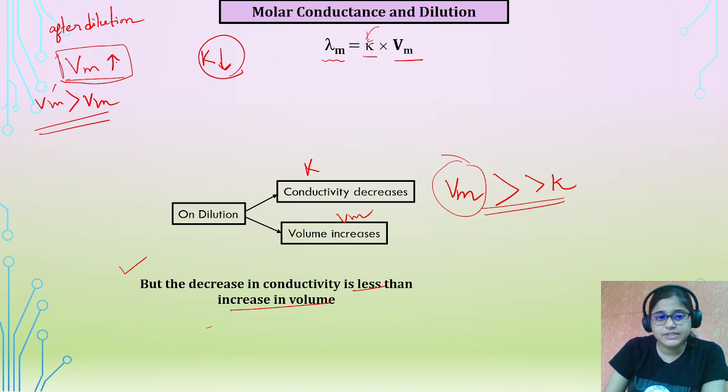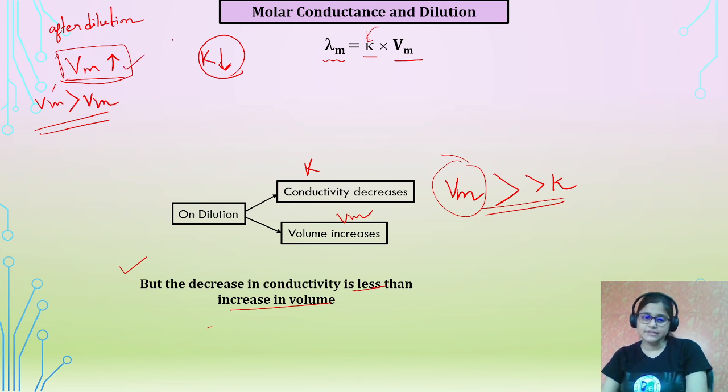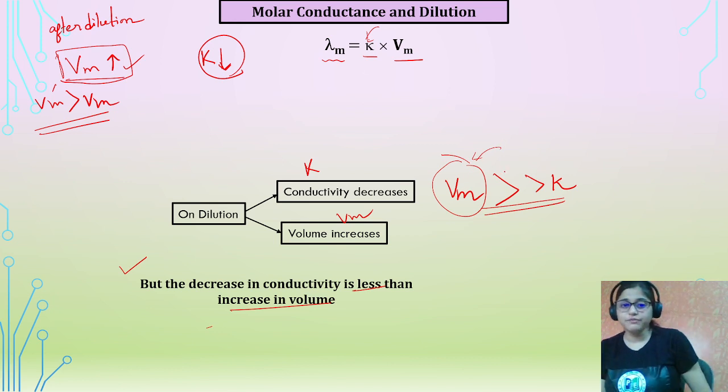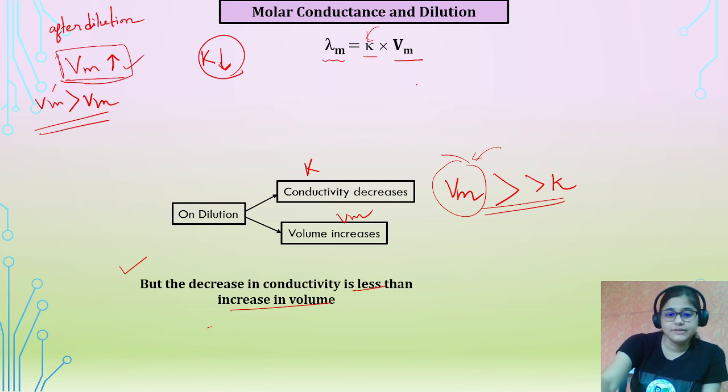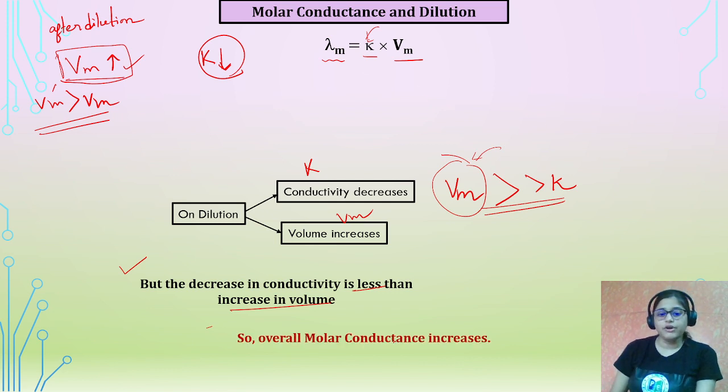With dilution, it increases, right? So the volume part is now the main factor here. As volume is increasing, lambda m value will increase, so now overall molar conductance actually increases.